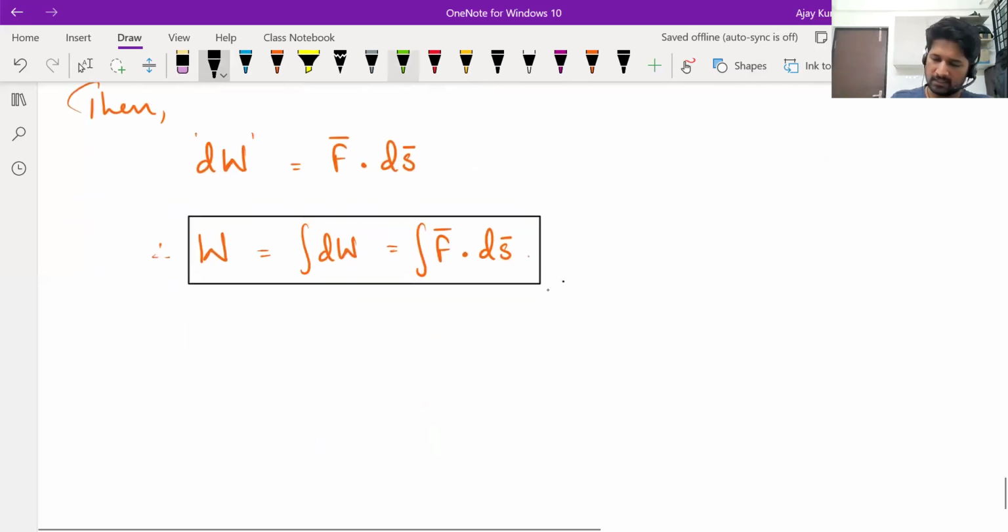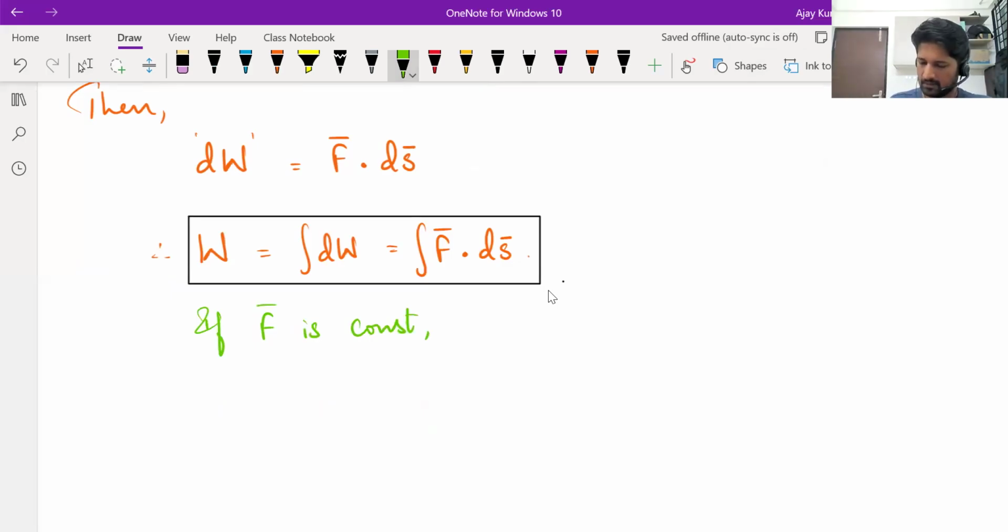In this formula itself, if the force is constant, then you can keep it outside the integral. It will become F dot integral ds. Integral ds is nothing but the total displacement, and that changes to F dot s. Okay, so remember, F dot s is applicable only if force is constant.